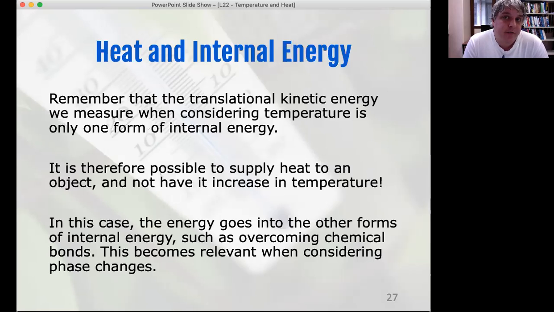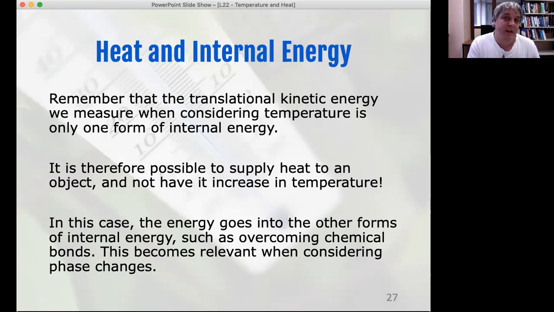In terms of heat and internal energy, if you give a substance some heat, its internal energy must increase by that amount. If you pour 100 joules of energy into a substance, its internal energy must go up by 100 joules. But its temperature won't necessarily go up by that same amount. The average internal translational kinetic energy is not going to get all of that 100 joules, because substances have different ways they can use it.